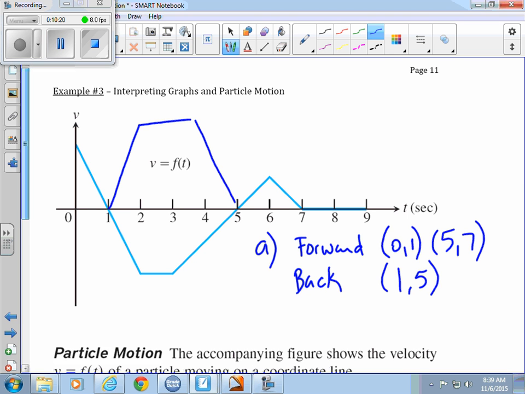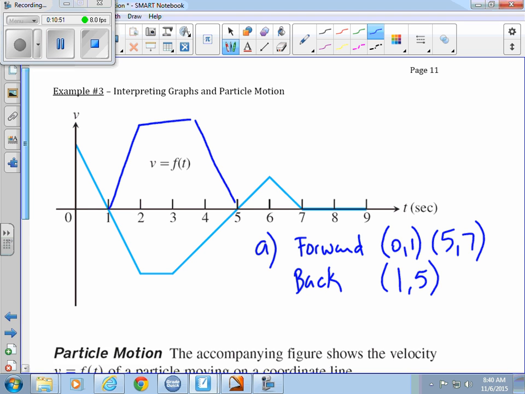So when am I speeding up? Good. 1 to 2, 5 to 6. But the speed is increasing.